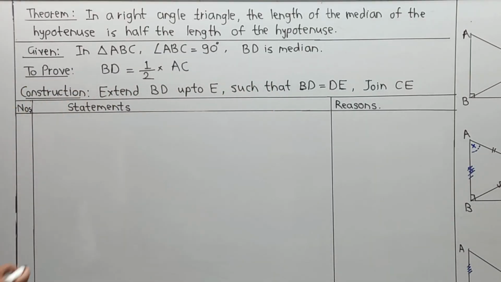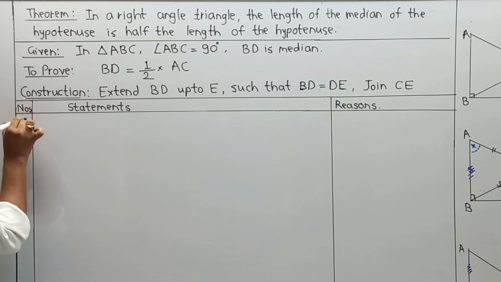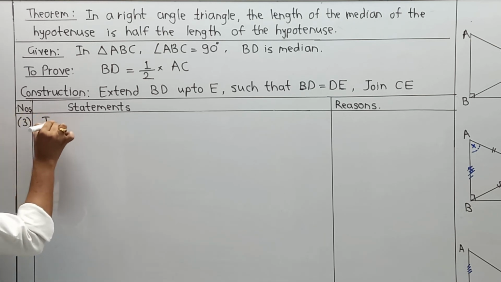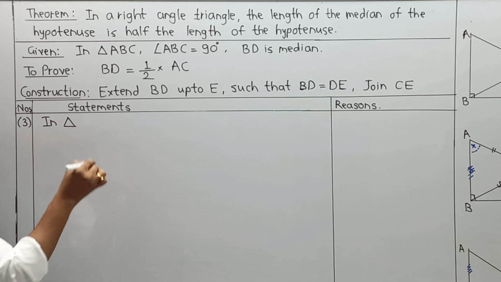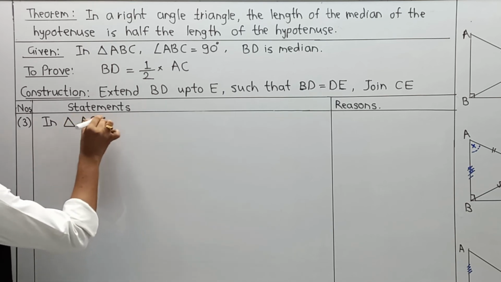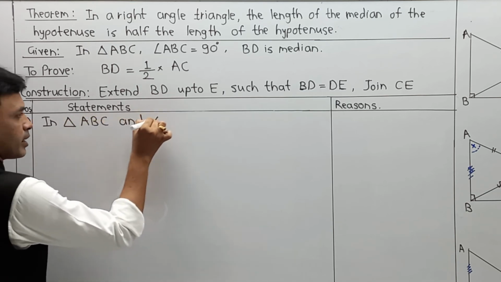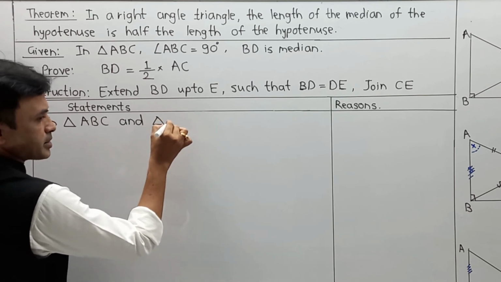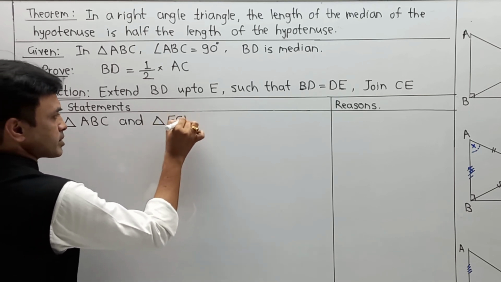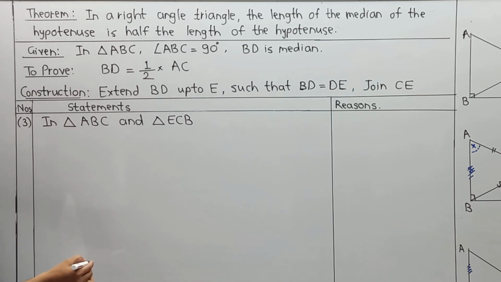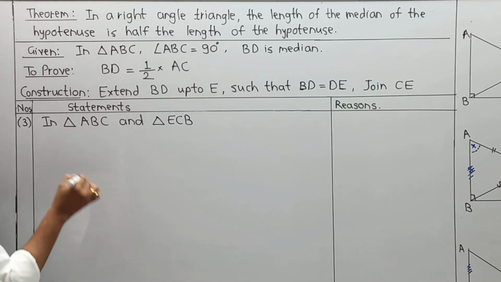So third part, in triangle ABC and in triangle ECB, one by one. AB is congruent to EC.